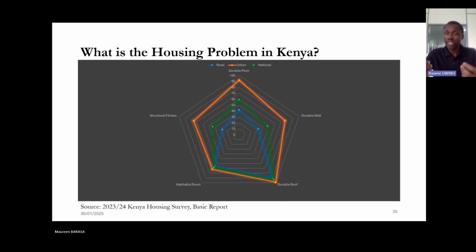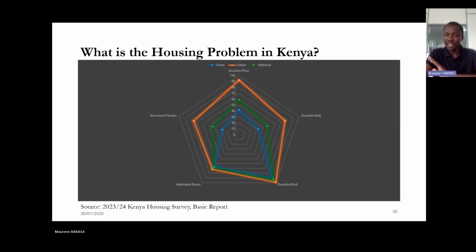So rural households in Kenya in general, while they're the majority, have poor walls, poor durability of structural fitness, of floors, and of course poor durability of the roof, of the floor and roof as well. Floor and walls as well.